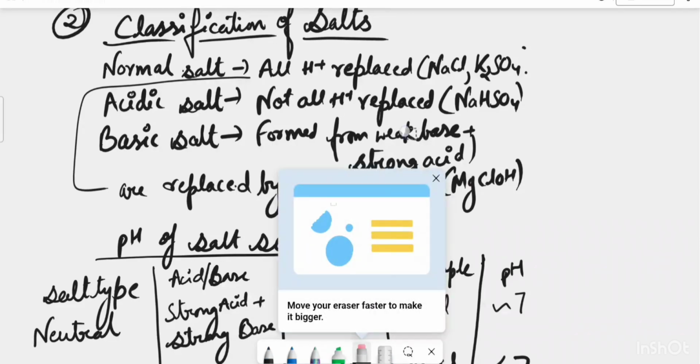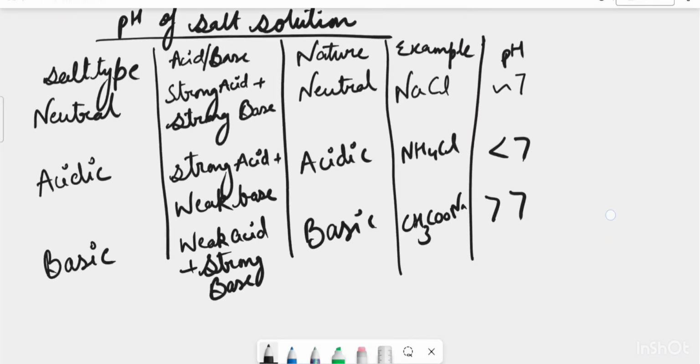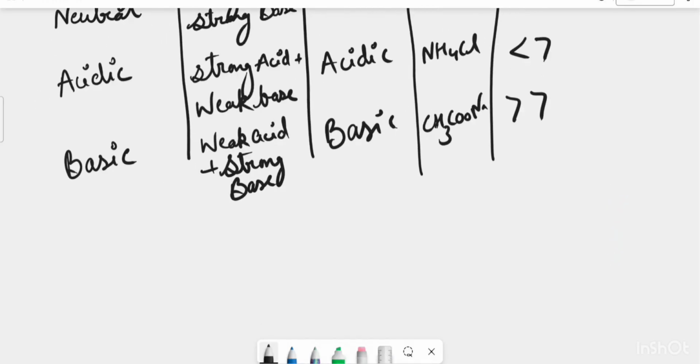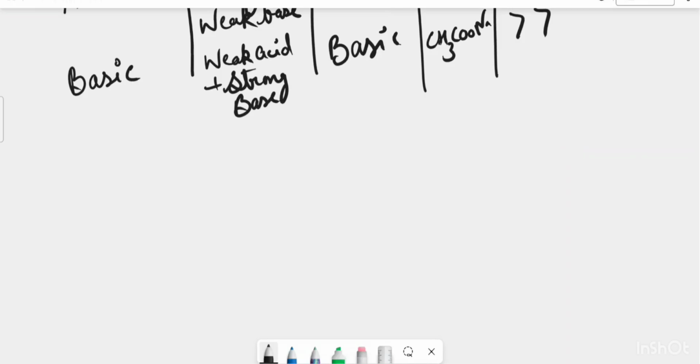It is strong base and weak acid. Basic salts are formed from a strong base and weak acid. So the pH of the salt solution depends on the strength of the acid and base from which it is formed.